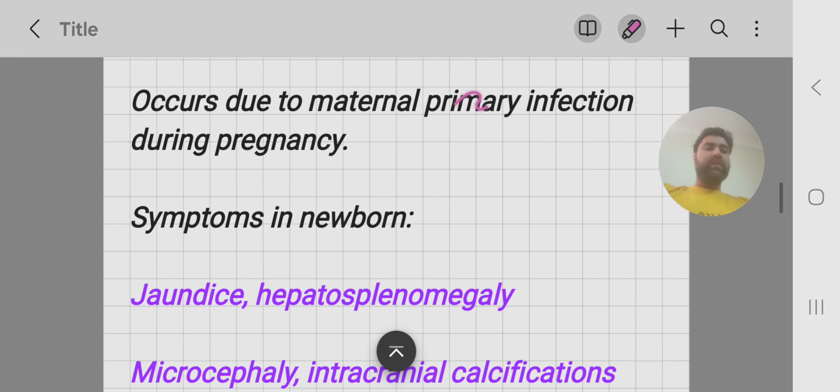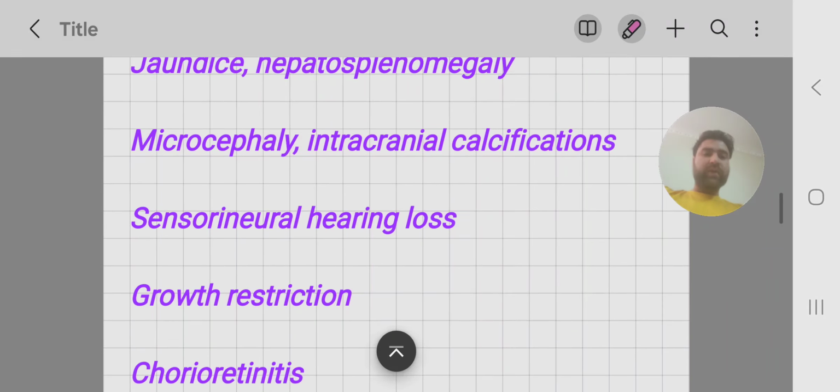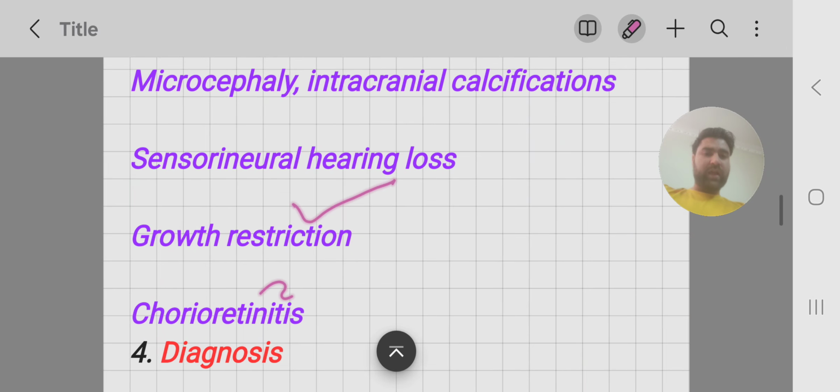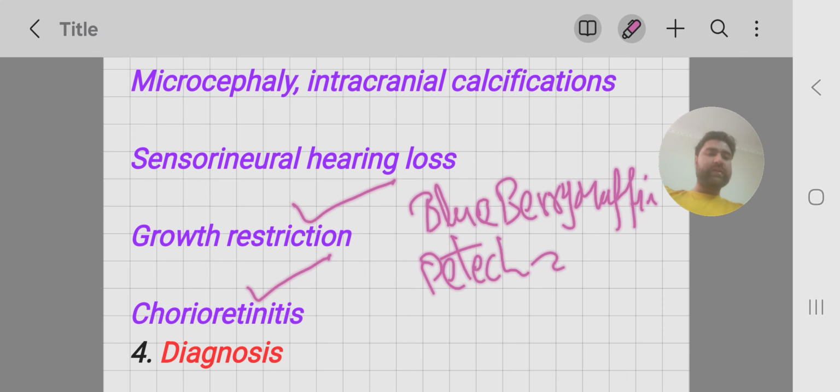It occurs due to maternal primary infection during pregnancy, and the symptoms in the newborn most commonly are growth restriction and chorioretinitis. It can also lead to blueberry muffin lesions, pinpoint petechiae, which appear like blueberry muffins.